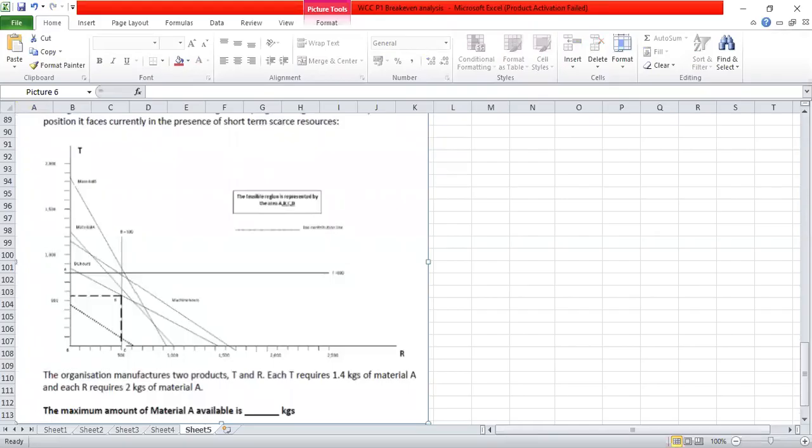B is the point which is maximum material.